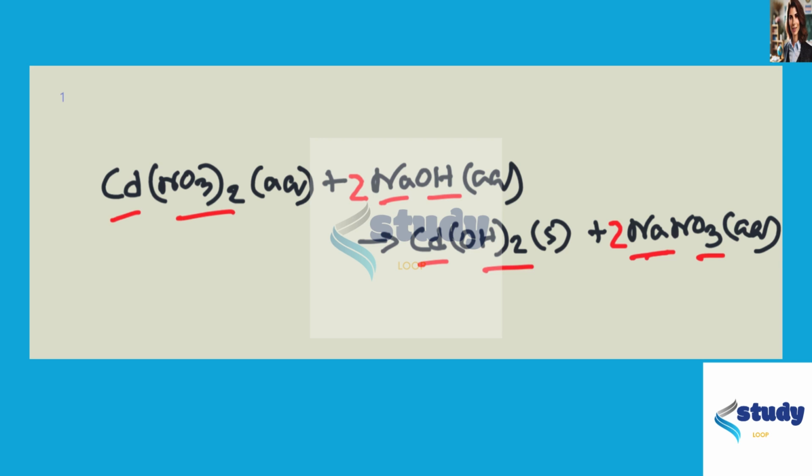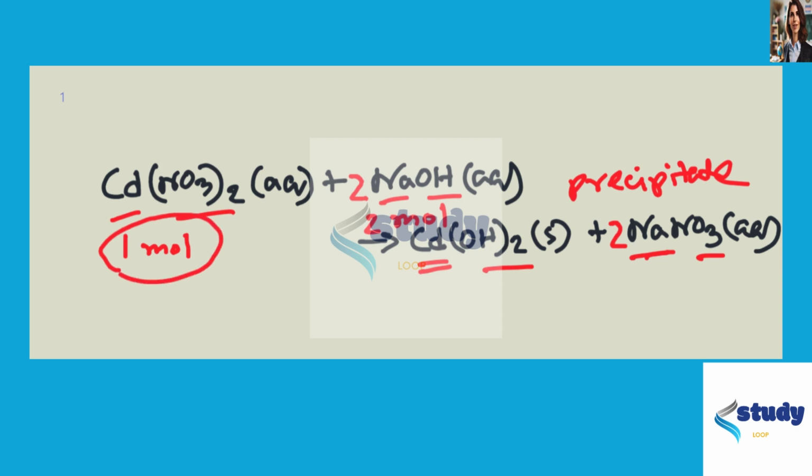Now from here we can see that 1 mole of cadmium nitrate will react with 2 moles of sodium hydroxide. That means, to make a precipitate of Cd2+, as you can see, from 1 mole of cadmium nitrate we will get 1 mole of Cd2+ being precipitated.